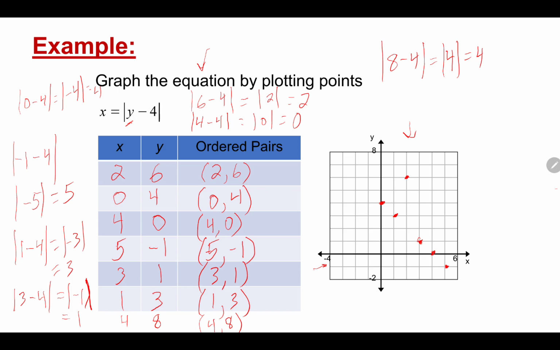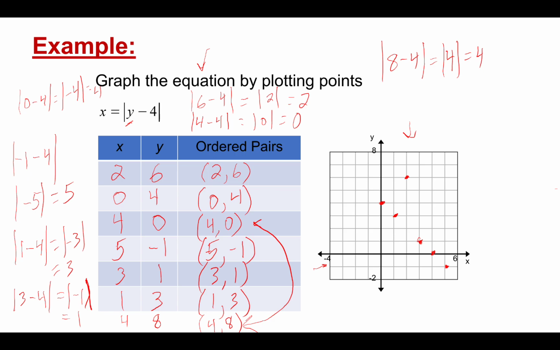Now you'll notice this one and this one have the same x value. And that's how we know this isn't a function, because an x value can only give you a single y value. You can have two things give you the same y value, but you can only have one x. Okay?